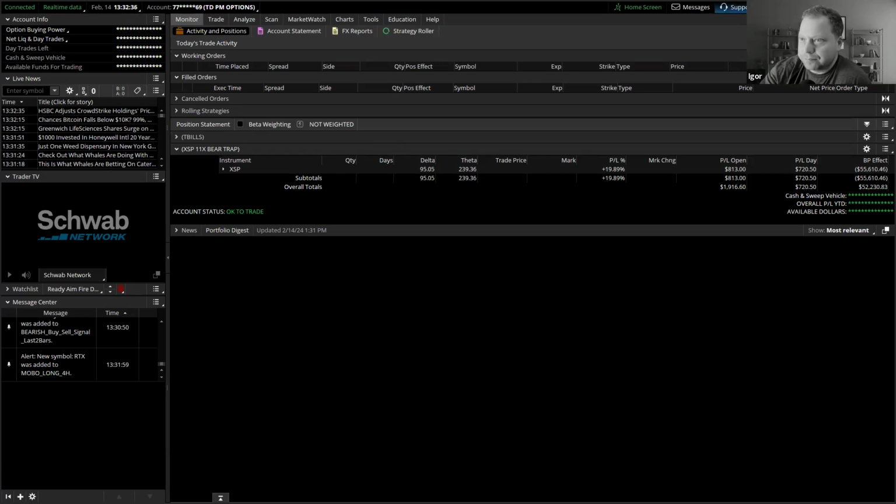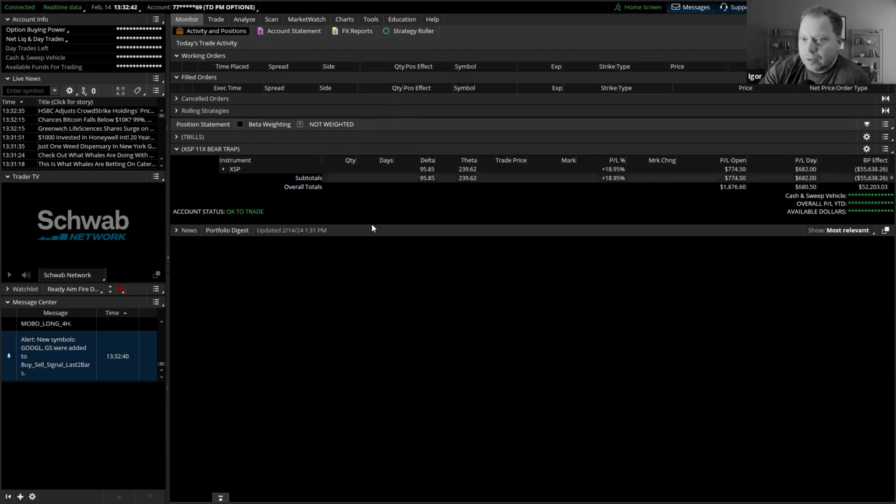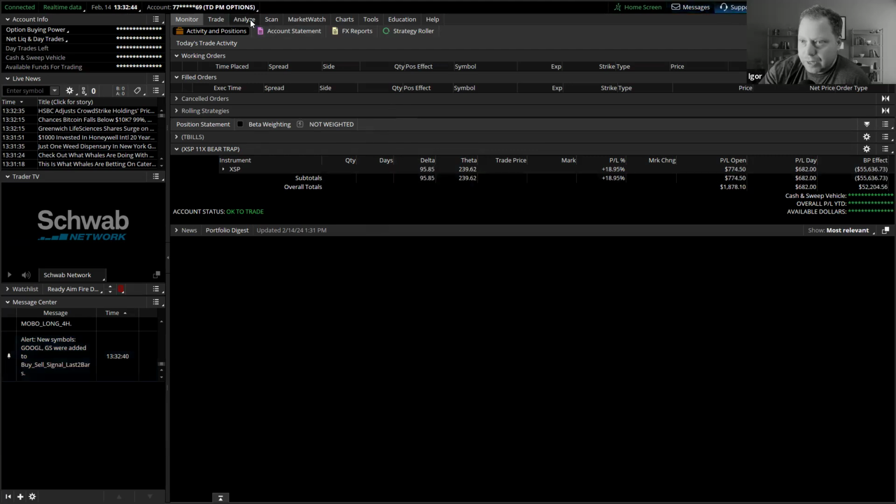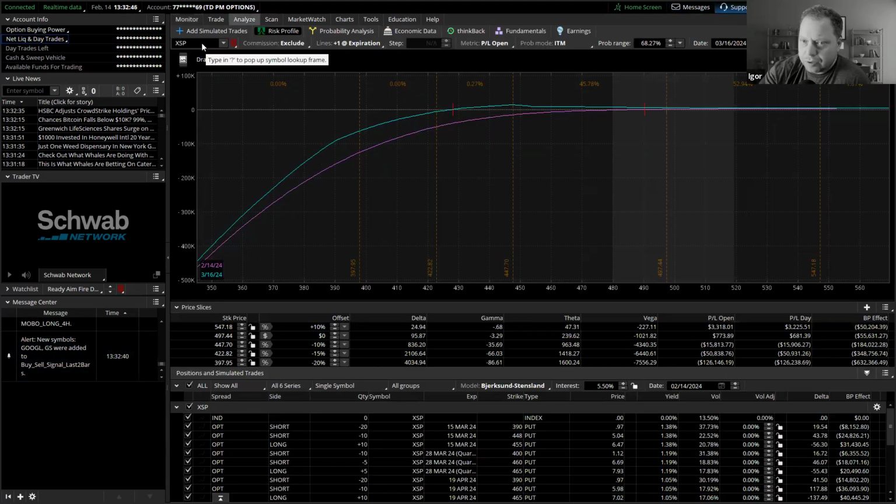So I am sharing my Thinkorswim screen, and we're going to go to the Analyze tab. We are going to use SPX for today's presentation, but a similar setup could be used for different underlyings, given that the underlying has decent liquidity and decent implied volatility.